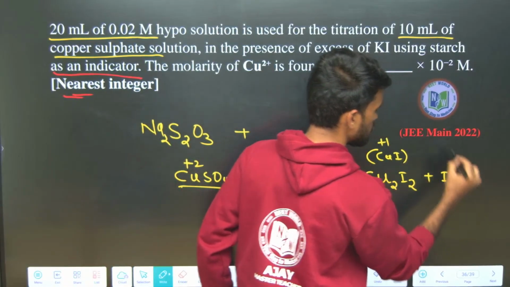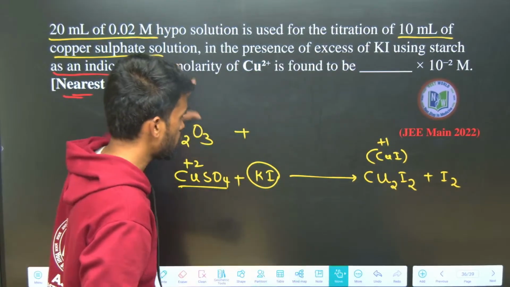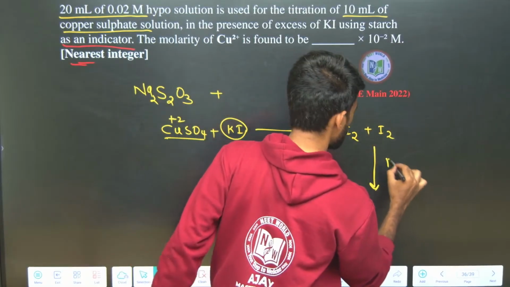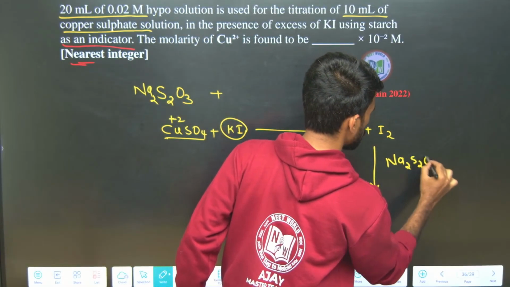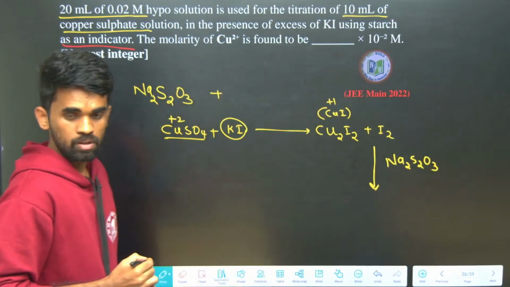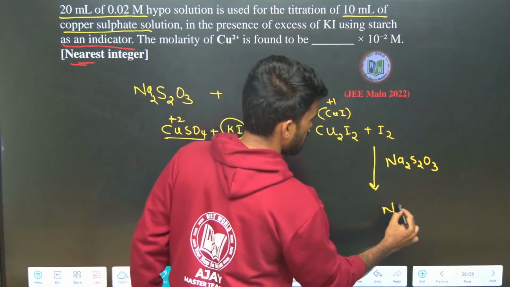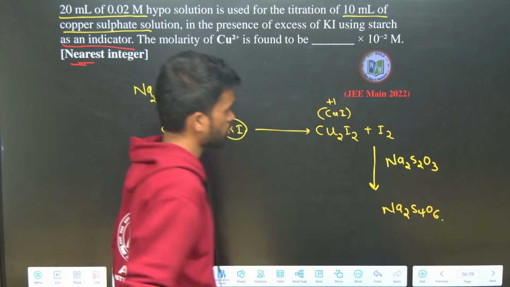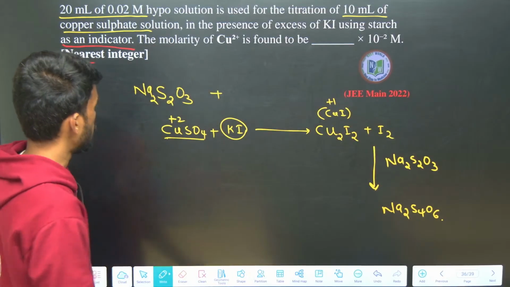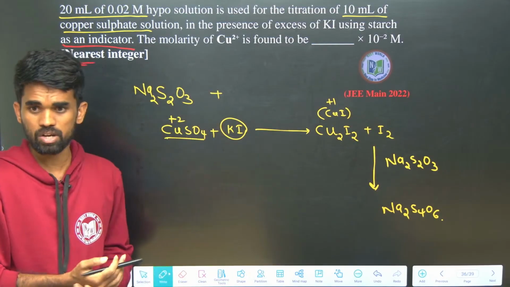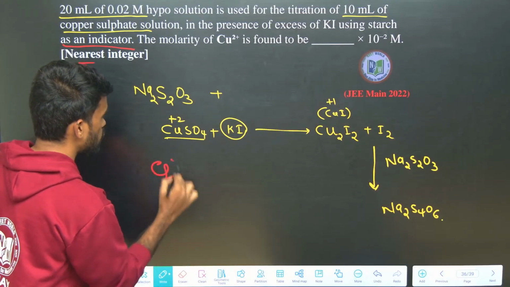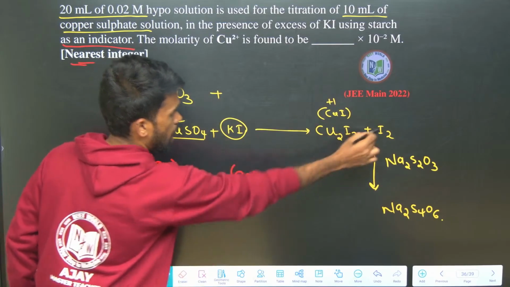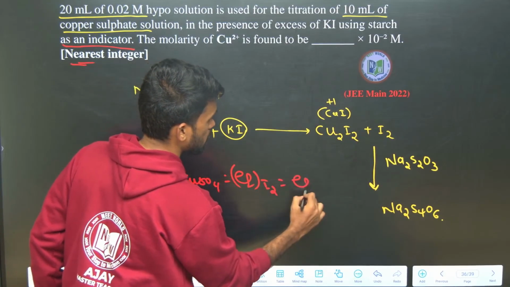Now that released iodine will react with our hypo, Na2S2O3, and forms Na2S4O6. So CuSO4 is undergoing reduction, which means it is acting as an oxidizing agent. So simply here I can write: equivalents of copper sulfate equal equivalents of iodine released, which equal equivalents of hypo.